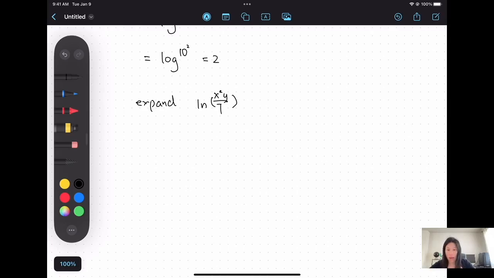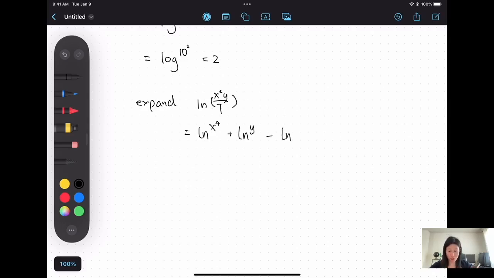So as sums or differences of logs, when I rewrite this, I have ln of s to the 4th times y. I can write it as ln s to the 4th plus ln y, and then divided by 7.